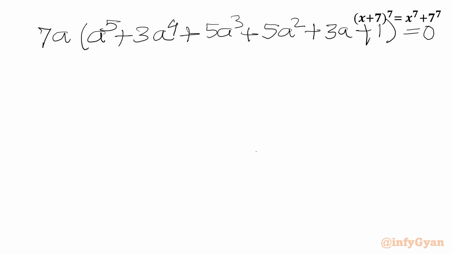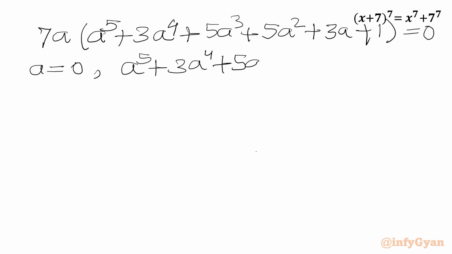Now we can use the product zero rule. So we'll write either a equal to 0 or this bracket equal to 0: a power 5 plus 3a power 4 plus 5a cube plus 5a square plus 3a plus 1 equal to 0.